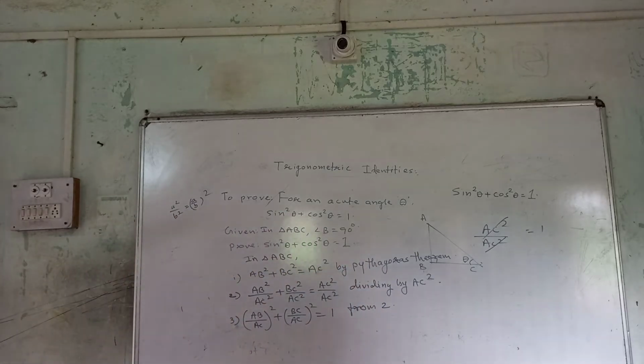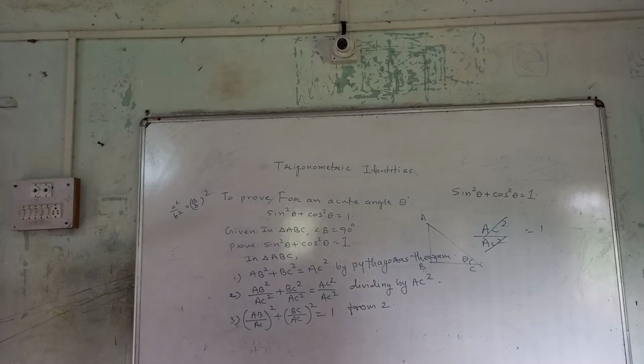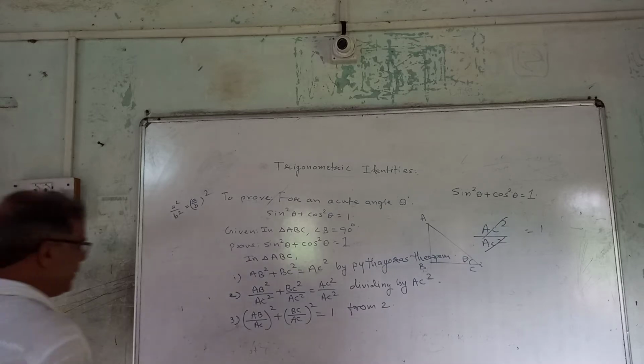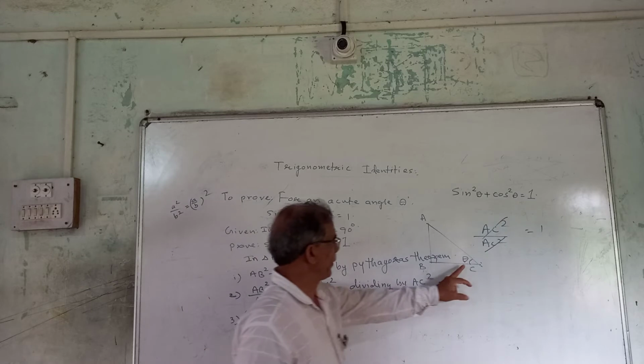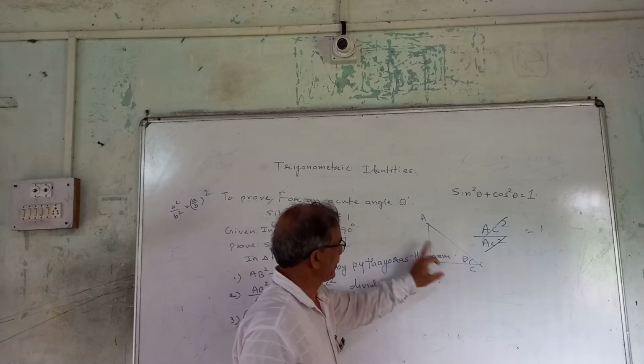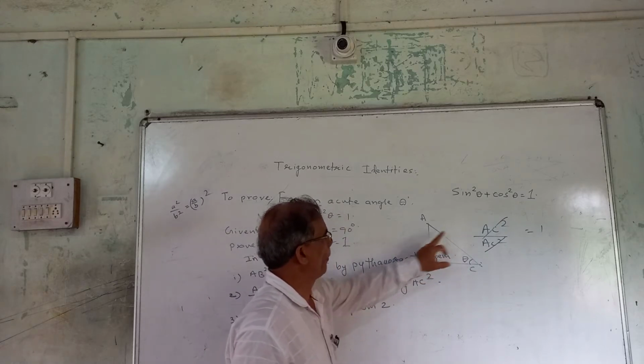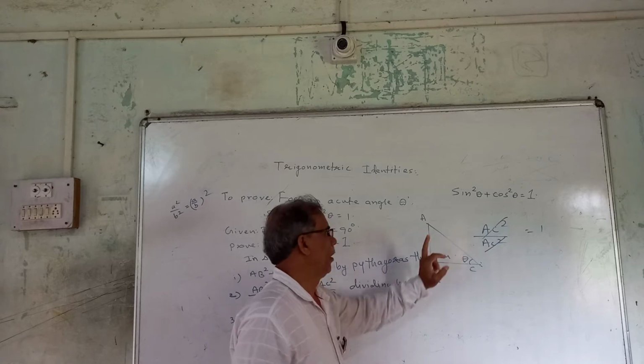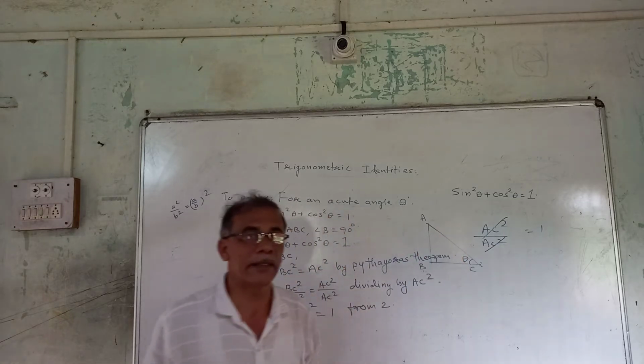Now we have converted into A by B whole square form. Now you see here, this AB upon AC comes into the figure. This AB is the opposite side upon AC, the hypotenuse. Opposite by hypotenuse. Which ratio?